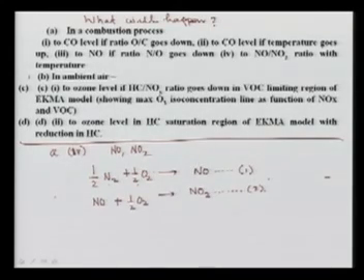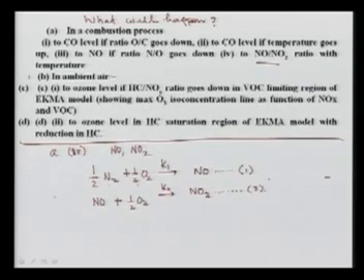So, I will write separately the equilibrium constant for equation 1 and equation 2. Suppose the equilibrium constant for this one is K1 and for this one is K2. What I am really interested in is the ratio of NO to NO2.